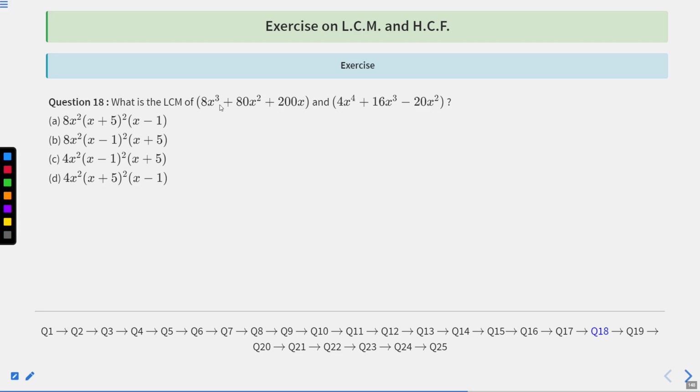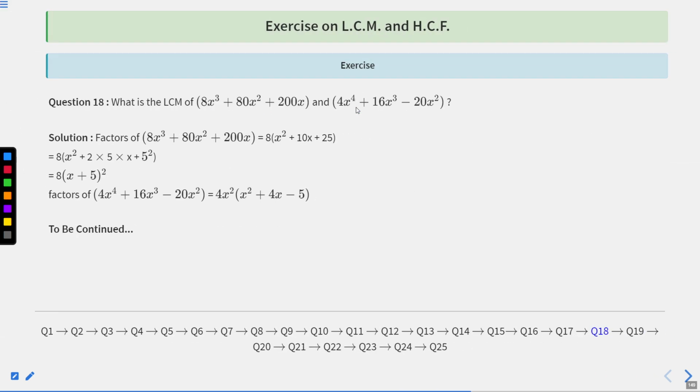What is the LCM of 8x cube plus 80x square plus 200x and 4x to the power 4 plus 16x cube minus 20x square? Let us see the factors. 8x cube plus 80x square plus 200x is equal to 8x times x square plus 10x plus 25, which can be written as x square plus 2 into 5 into x plus 5 square. That means it is nothing but 8x times x plus 5 whole square.